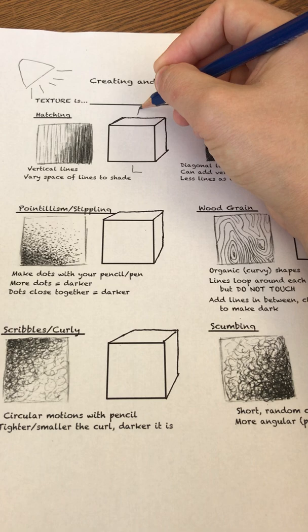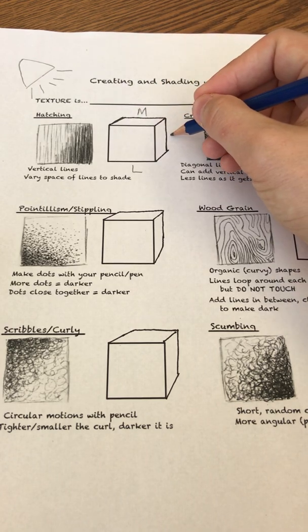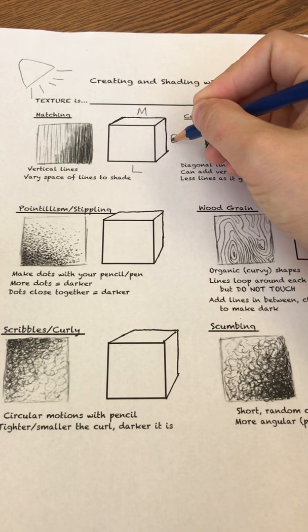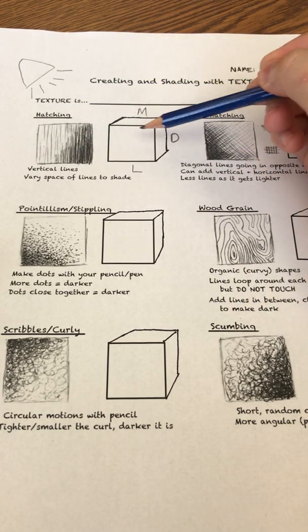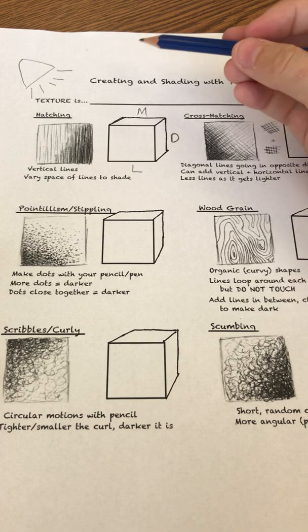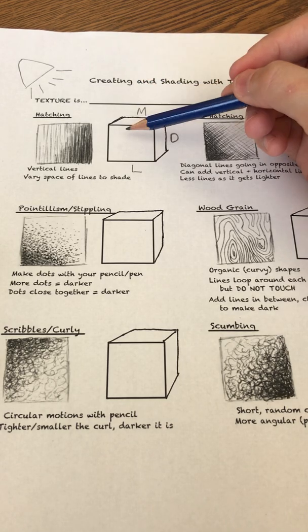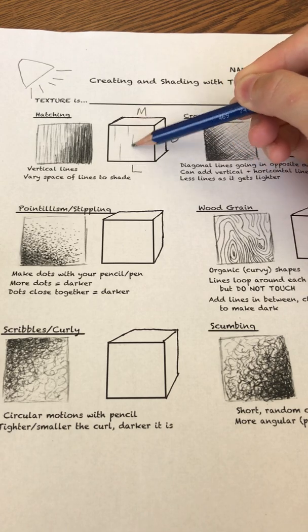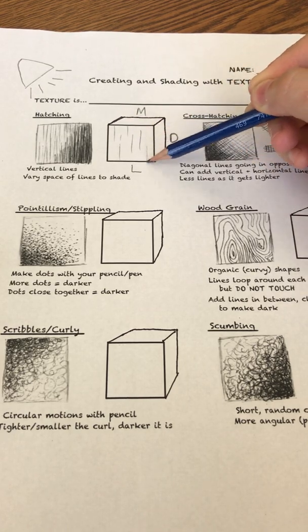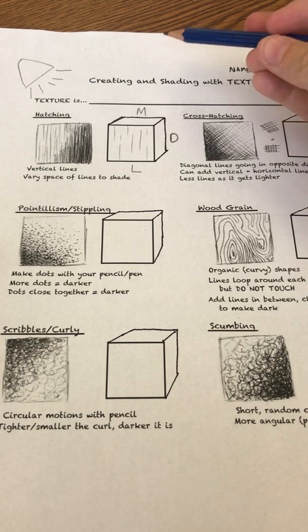So this first box is going to be your light. This top box is going to be your medium values, and the other one on the side is going to be your dark values. So I'm going to use these textures in this box to show those different kinds of values. So the lighter one is going to have your lines farther apart, and there's going to be fewer lines to show that it's light.